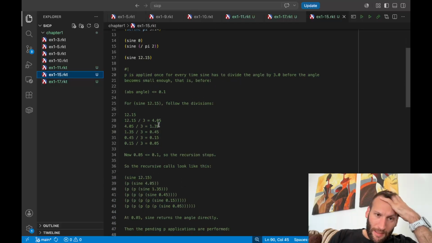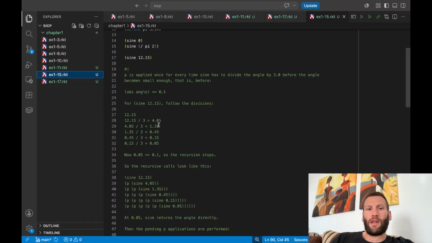But it's enough to reason a bit about the problem. I mean, P is applied once for every time sine has to divide the angle by 3, before the angle becomes small enough, that is, before the absolute value of the angle is less or equal 0.1, which is the number we are given by the text of the exercise.